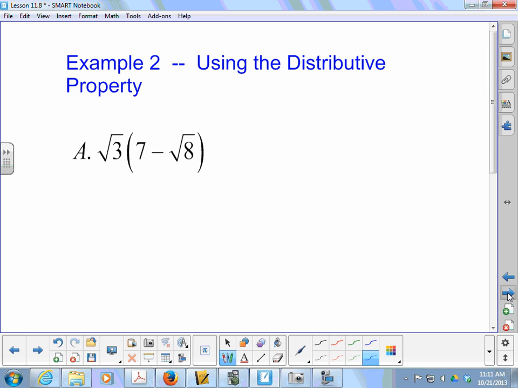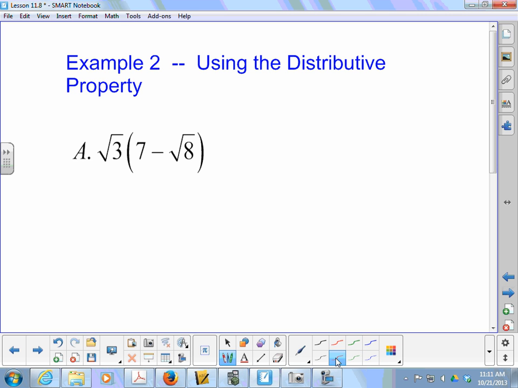So I could simplify the square root of 8 first, but you don't have to. Now, if either one of these things is a perfect square, then I would always simplify that first. If they give you a perfect square there, boy, get rid of that radical right away.